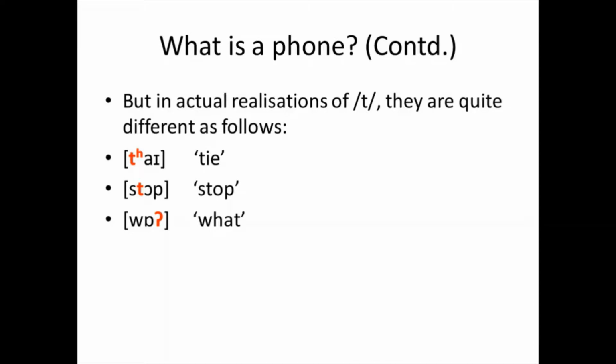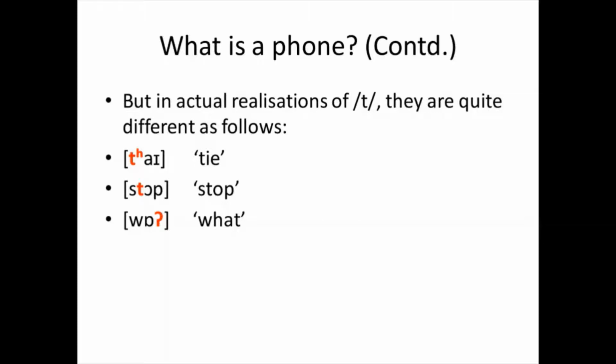For instance, the first word tie, an English speaker will pronounce the first t with much more energy than in the second word stop. And you remember when we were talking about voice onset timing, we said the consonant t in this context will be aspirated. So the t we have in our mind is actually realized with aspiration. That's why it is aspirated in tie. But in the word stop, the t there is what we call a plain consonant.